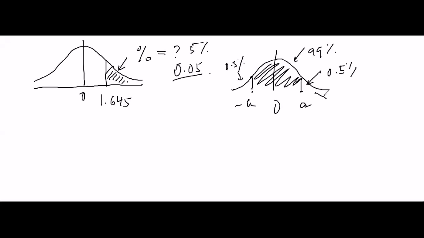So if you check the table, this would be 0.005, right? So this area here constitutes 0.005. So you can check for the cutoff values here, right? The critical values. This one is just by symmetry, okay? So anybody? Check the statistical tables.